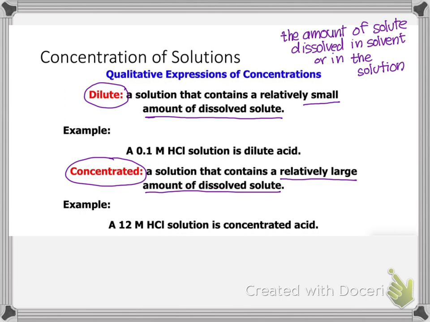So I always think of the example of a lot of household cleaning supplies that now come concentrated. If they're concentrated, it means there's a large amount of the solute, or the active ingredient, or whatever you're paying for, that is dissolved in that particular solution.